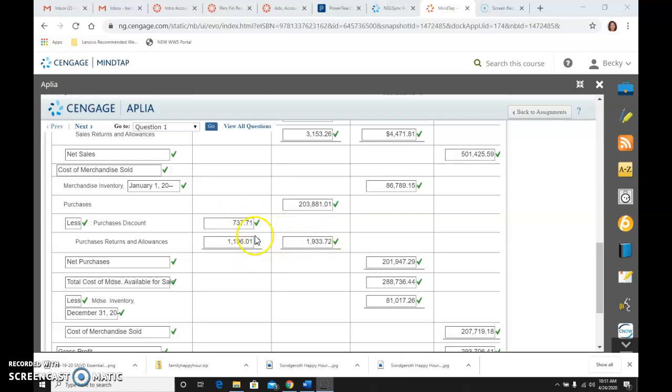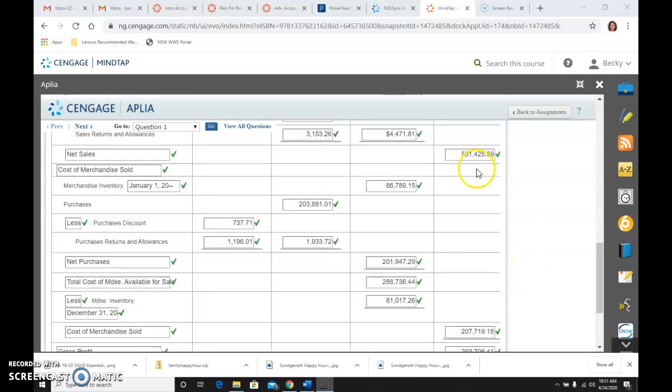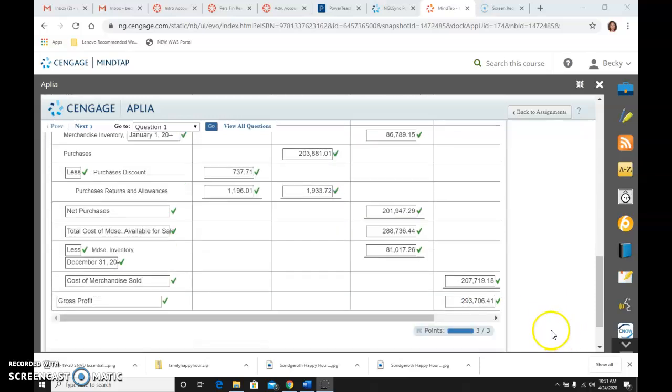The 1,933 comes from these two added together. I take 203 minus 1 and I get net purchases of 201. And I add net purchases to the beginning inventory to get 288. And then 288 less merchandise inventory from up above, and I get 207,719.18. And then I take net sales minus cost of merchandise sold and get 293,706.